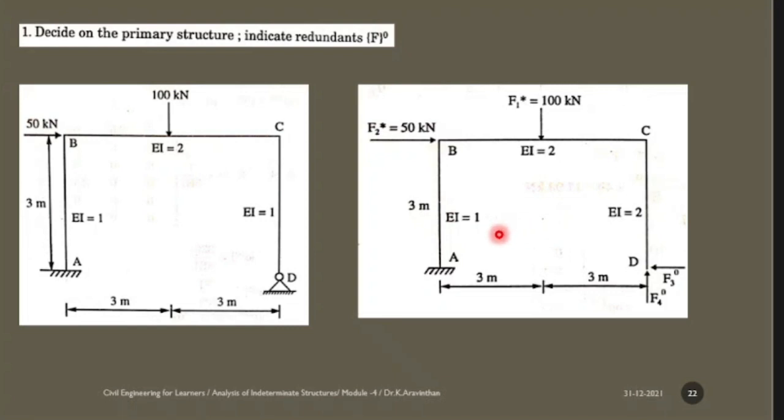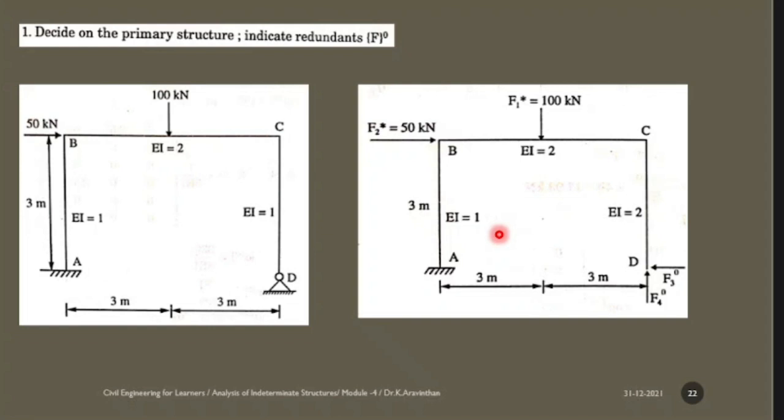What is the primary structure, by definition? After removing all the redundant supports, you have to consider it as a determinate structure. What is a determinate structure? If the number of reactions is 3, then the structure is known as a determinate structure.